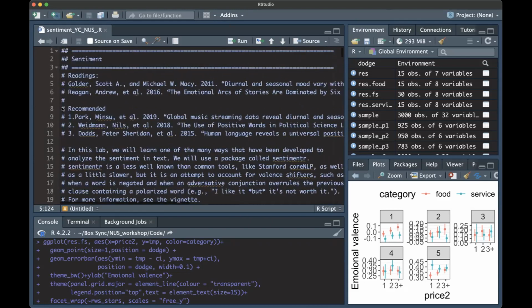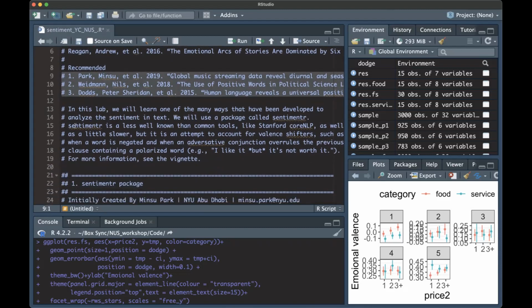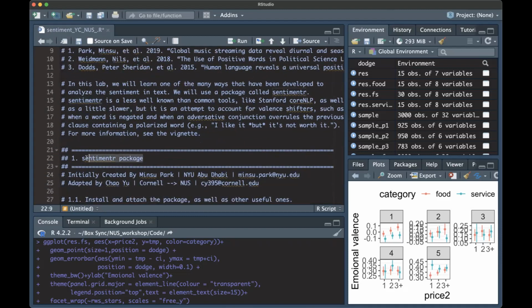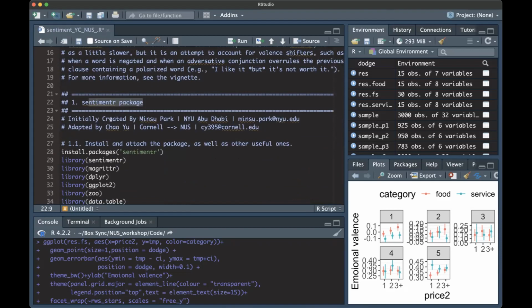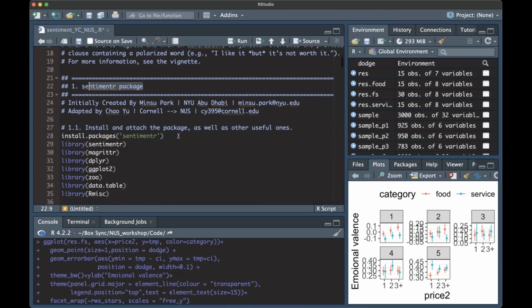And these are just some recommended papers if you are interested in this part of method, I find these quite useful as well. So again, this workshop will be mainly focusing on this package. And the first part of the code was initially created by my collaborator, Min-Soo Park, but I did some adaptations.